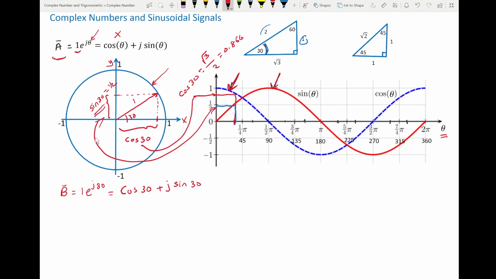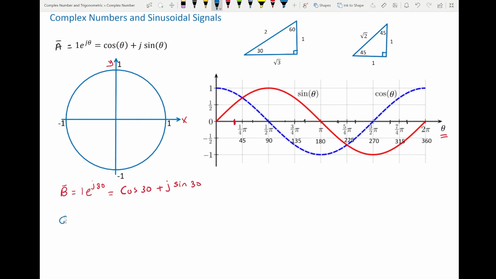So let's just take another example and do some cleanup. Let's take vector C, which is 1 e^j45. So that is this vector. And it will equal cosine 45 plus j sine 45. So the projection of this along the x-axis is this one, and the projection along the y-axis is this one.